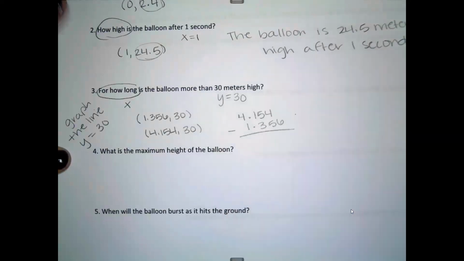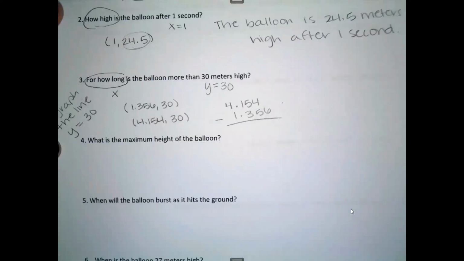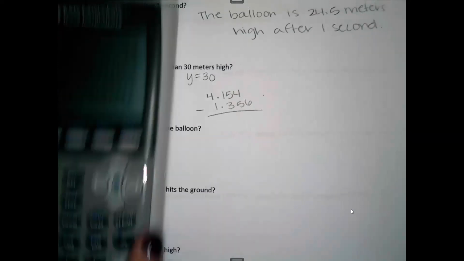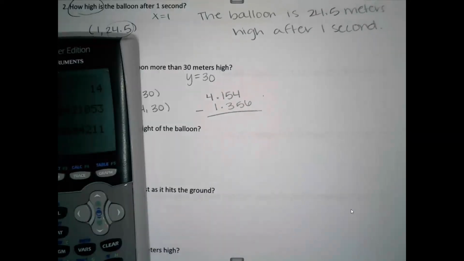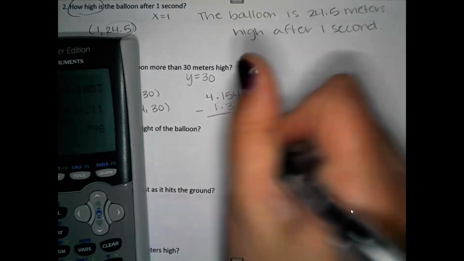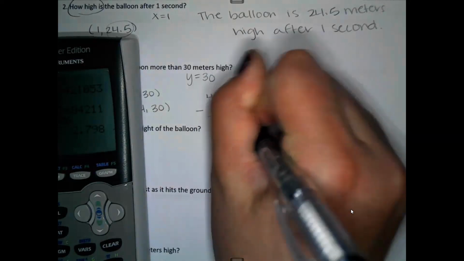I'm not going to subtract by hand, I'm going to use my calculator because those are decimals. You could use Desmos too, since that's an actual calculator. So I got 2.798.